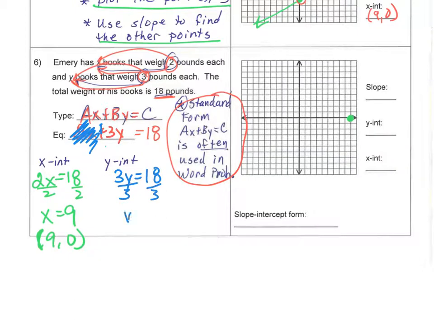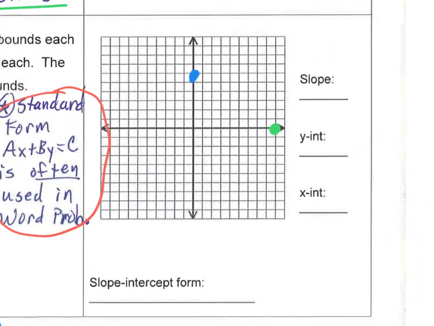Divide by 3 on both sides, and you get y equals 6. So I know my y-intercept is 0, 6. And I'm going to graph that. So now I've got my 2 points. And then if you have a nice straight edge, you'll use it. Draw your line all the way to the edge of the graph.